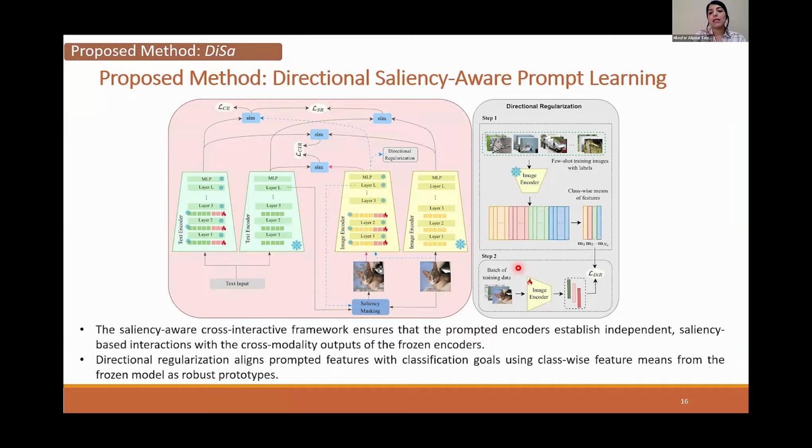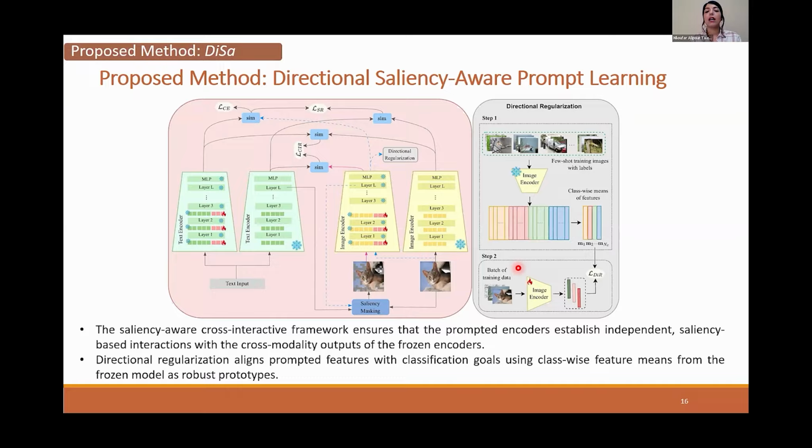One of them is that in this work, we utilize class-wise feature means for that alignment. Instead of image-to-image alignment, we align with reliable prototypes that are class-wise feature means, because each of them has more characteristic information from each class instead of a single sample from each class.